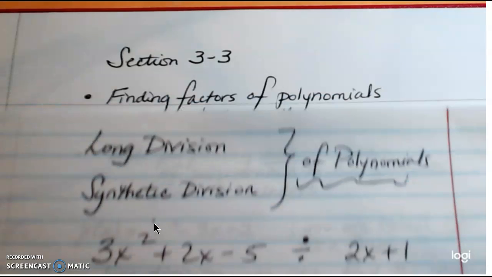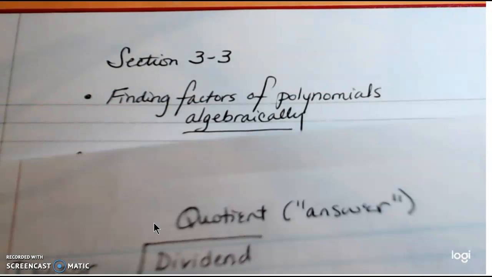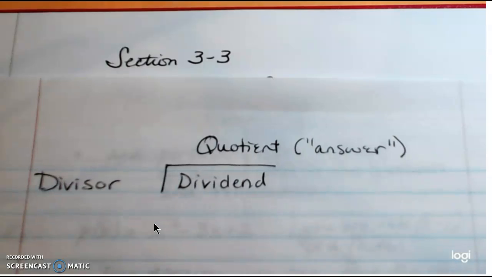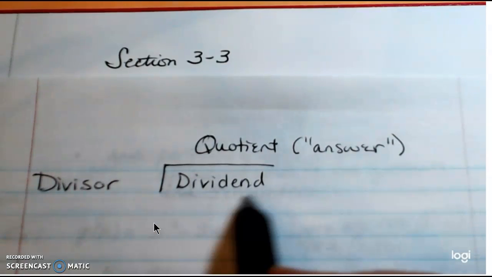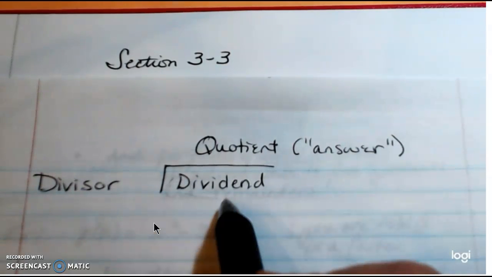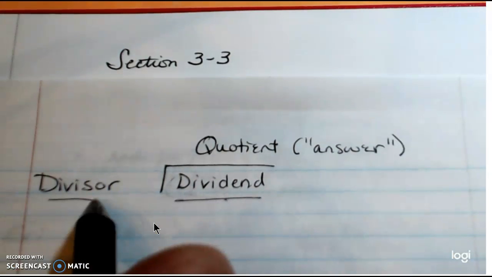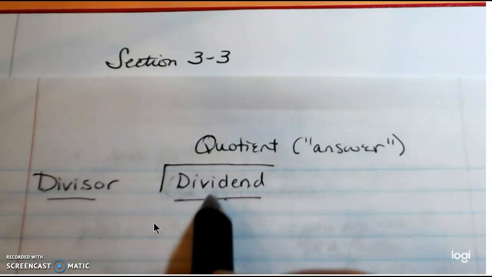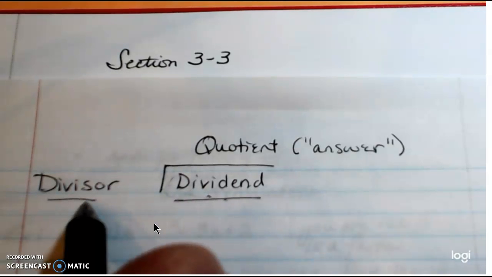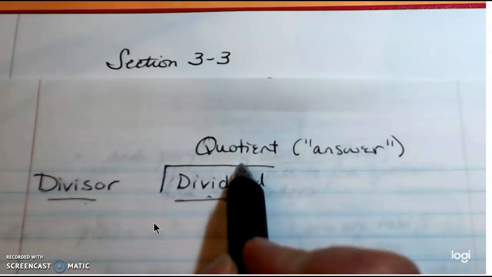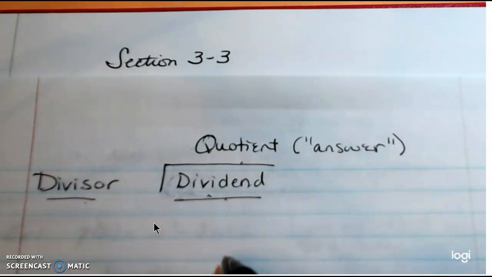So, a little refresher, some terminology. The value that goes inside the division box is called the dividend. The value on the outside that you're dividing the dividend by is called the divisor, and the answer or the result is called the quotient.